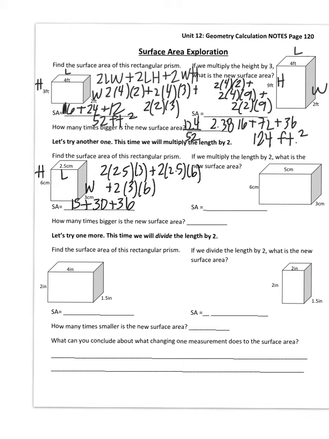Add those together, 15 plus 30 gives you 45. 45 plus 36 is 81 centimeters squared.